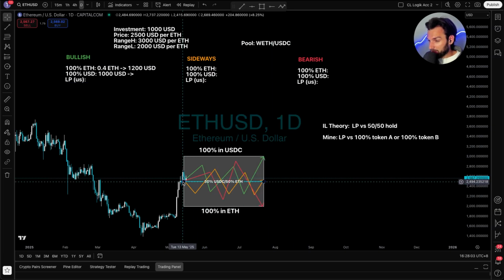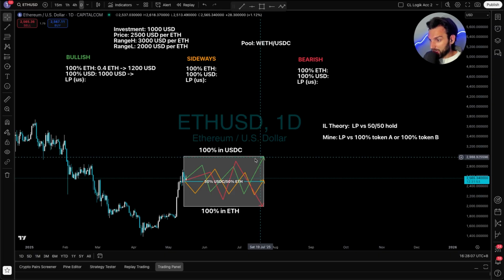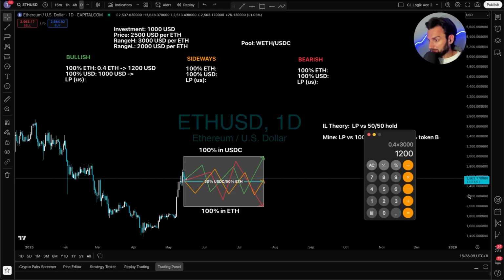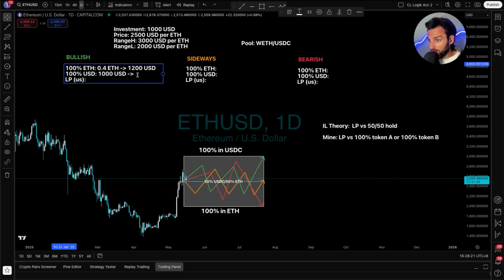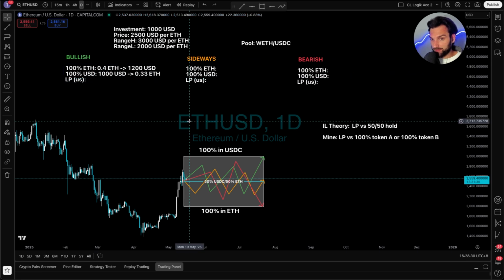Well, he was able to buy 0.4 ETH here, but now at the top range, how much ETH can he buy? Let's see. So $1,000, right, divided by $3,000 per Ethereum. That means he can only buy 0.33 repeating ETH now. So he lost Ethereum value, right?